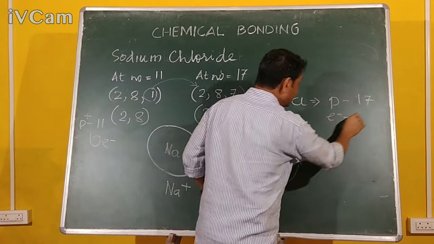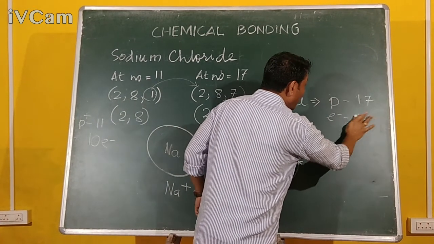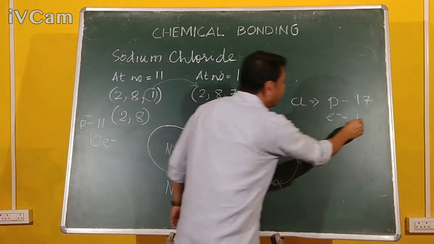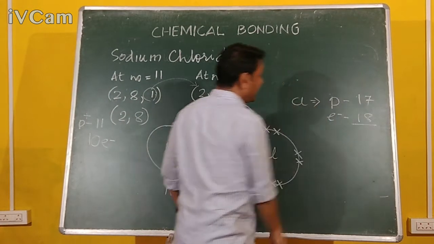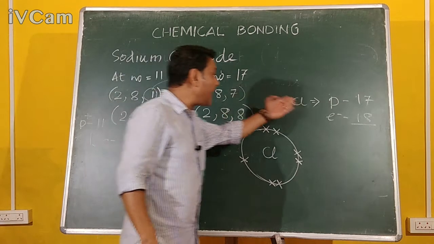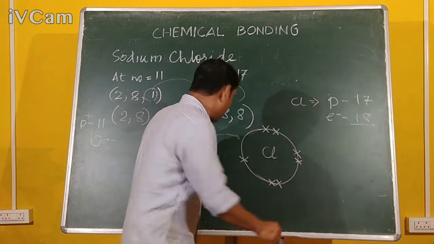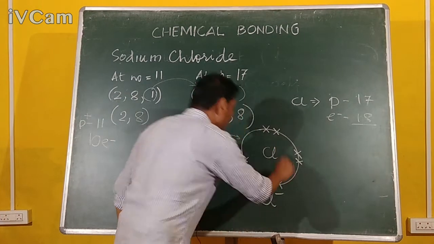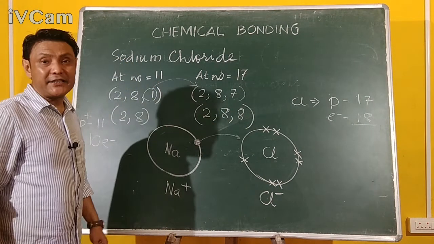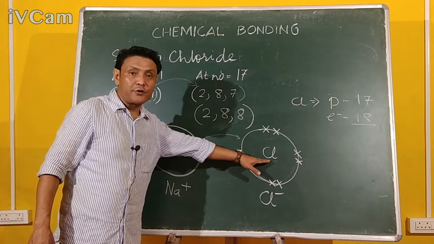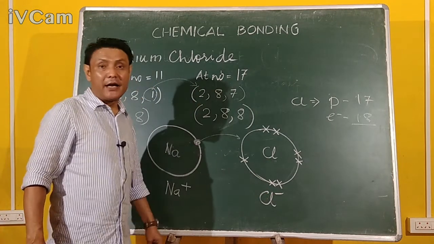It had 17 electrons, but now after receiving 1 electron from sodium, it will have 18 electrons. So that means it has 1 electron more. Therefore, it becomes a chloride ion, Cl-, because it receives an electron from sodium.